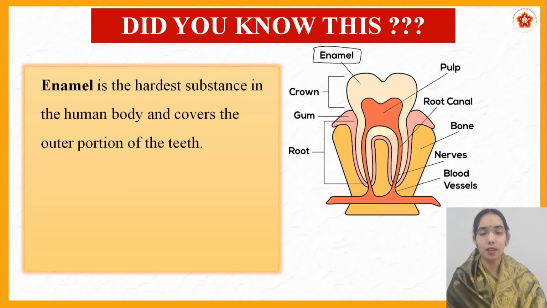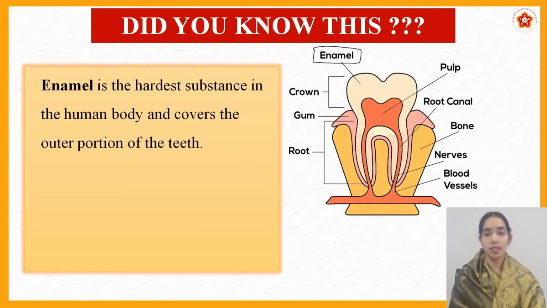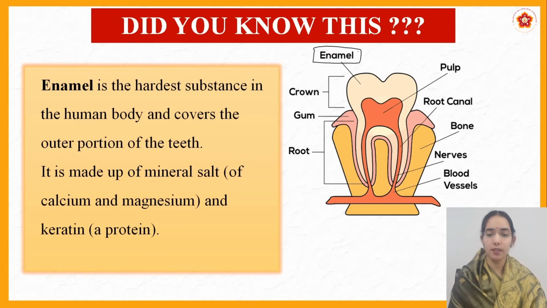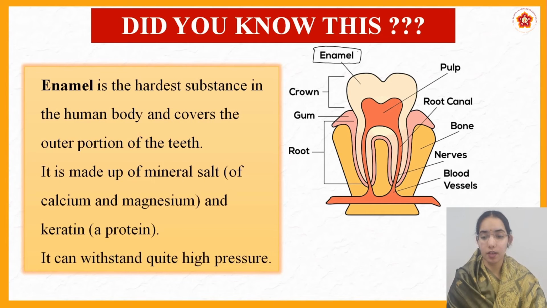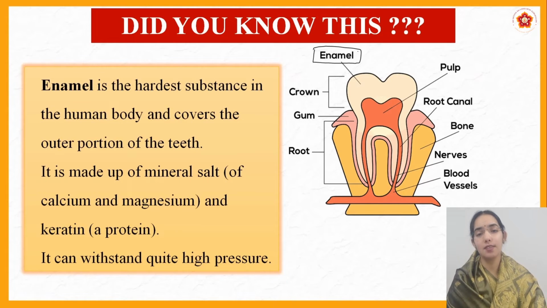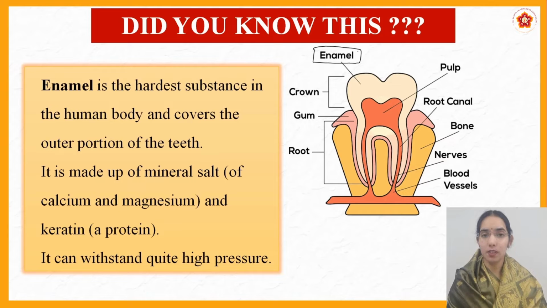So this covering of our tooth is called enamel, and it is the hardest substance present in the human body. It is made up of mineral salts and keratin, and it can even withstand very high pressure. So could you imagine that the hardest substance in your body is actually the outer covering of your teeth? And what is it called? It is called enamel.